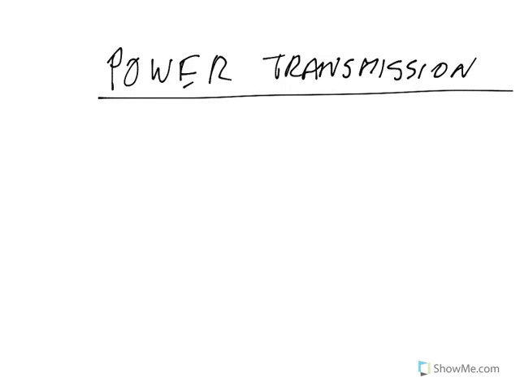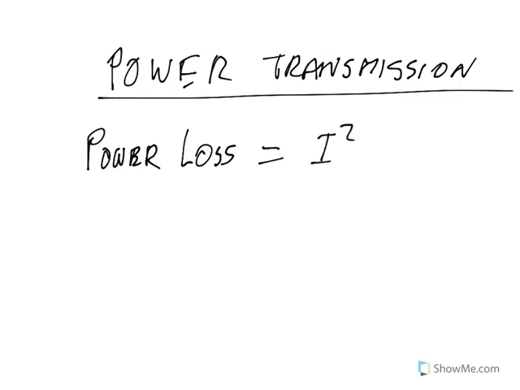And it turns out that power transmission, power loss, the main thing that we can look at with power loss is the things that I squared and R. Now there's a few different versions and this is one of them, but this is the one that's most useful.